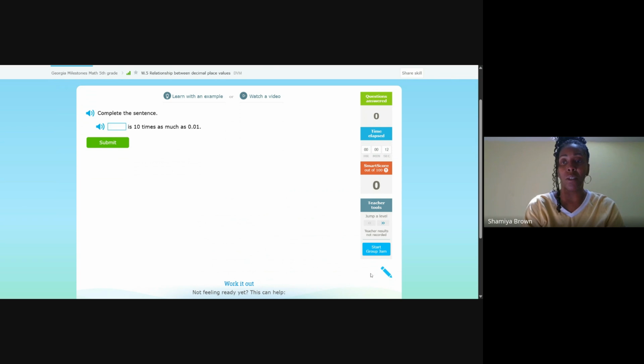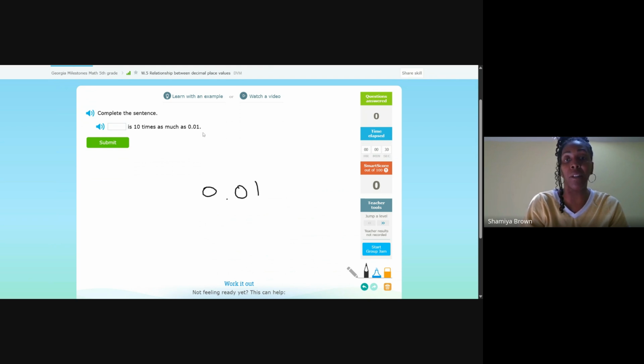So for this one, if I have 0.01 and I want to know what number is 10 times as much as this, then I know this number here has to be bigger than 0.01. So I'm going to be moving to the right, since this is a decimal, to make a bigger number. So I'm going to have 0.1 as my answer.